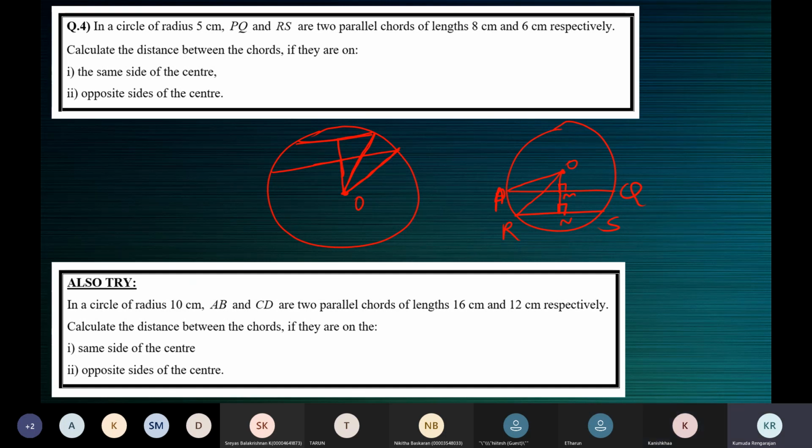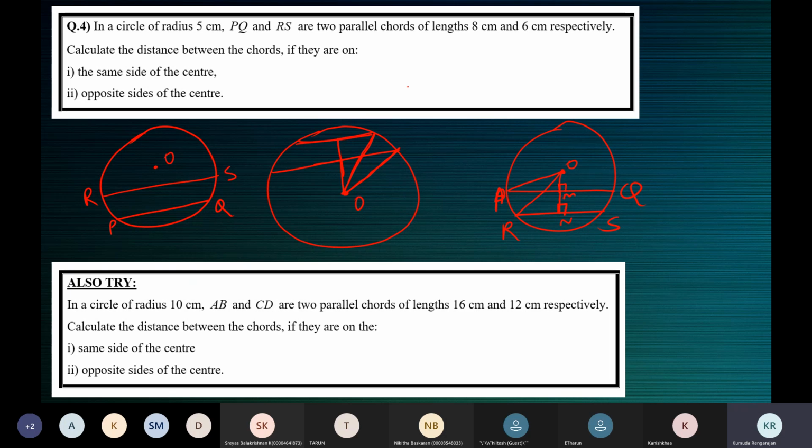Correct. So can I draw a figure like this? Is this correct? No, ma'am. Why? Because PQ length is greater than RS, ma'am. Correct. PQ is longer than RS, so it will be closer to the center.